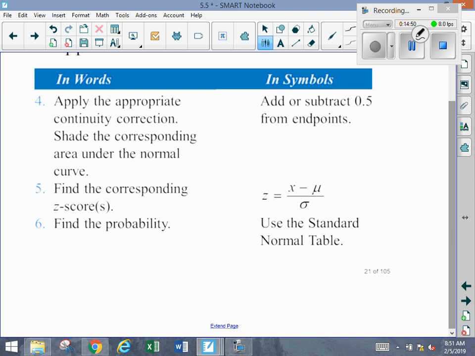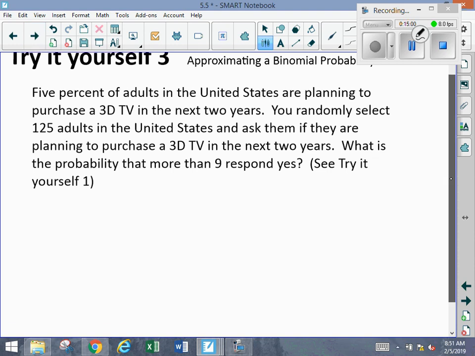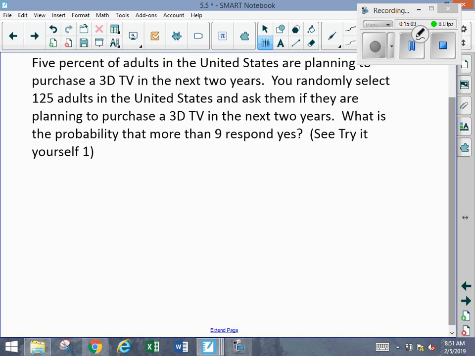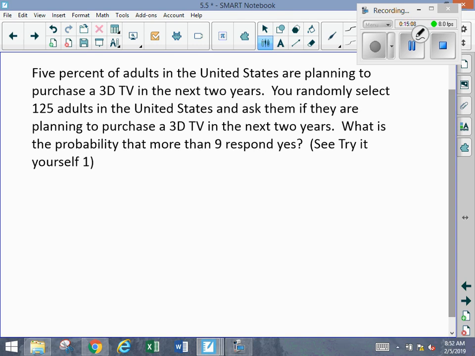So let's just do this. There we go. Let's do a big old problem. 5% of adults in the United States are planning to purchase, oh, same one. 3D TVs, 5%. So I see this 5%. If you see a percent in this problem, immediately you got to think to yourself, that must be P. It usually will be. You're going to randomly select 125 adults.